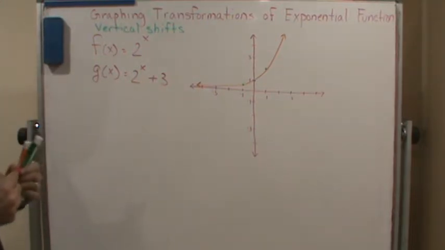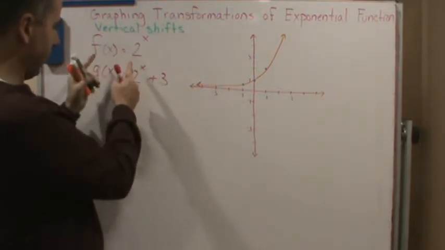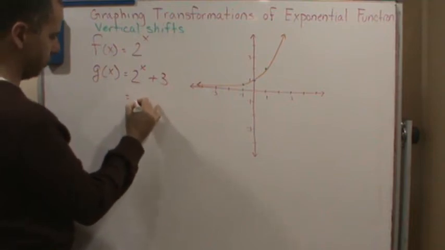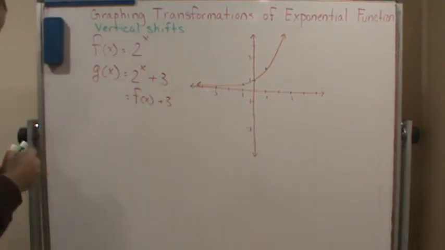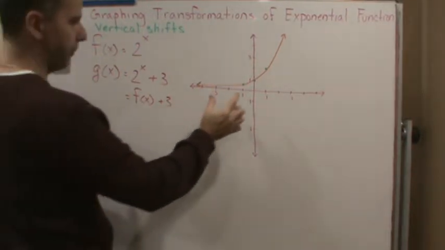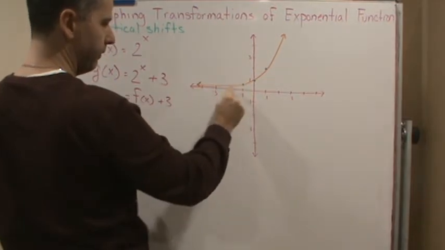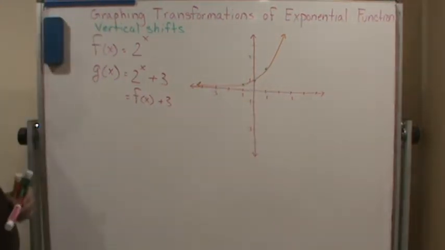What is that going to do? That's going to take f of x, so you could look at this as g of x equals f of x plus 3. We're basically going to move up every single point on the graph of f of x by 3 units.